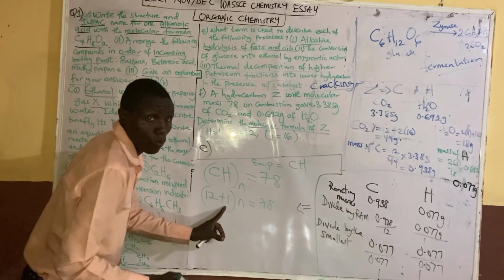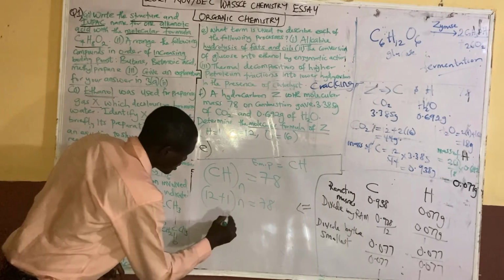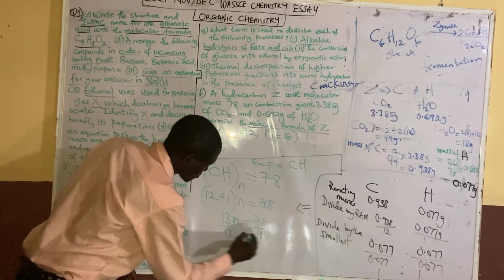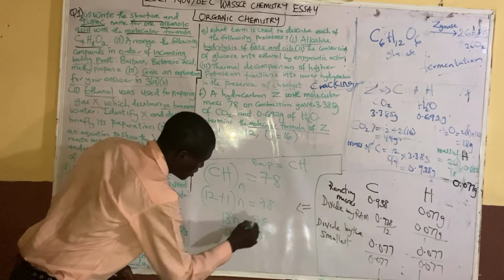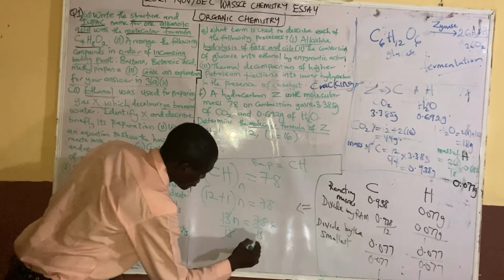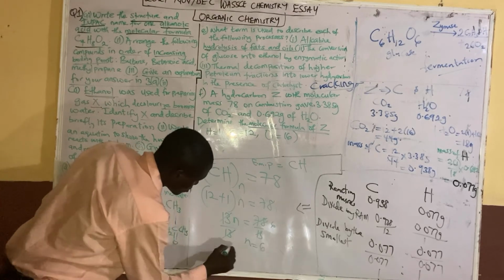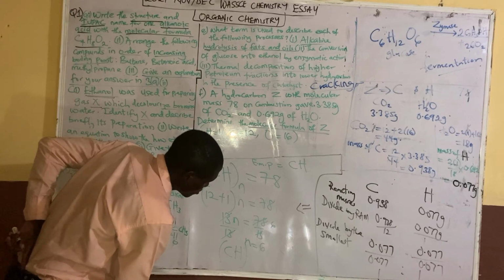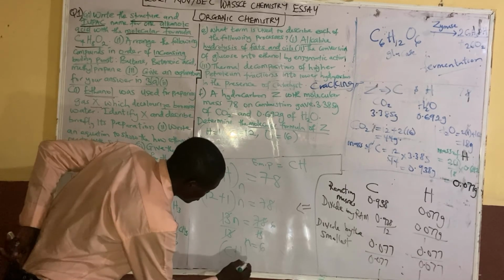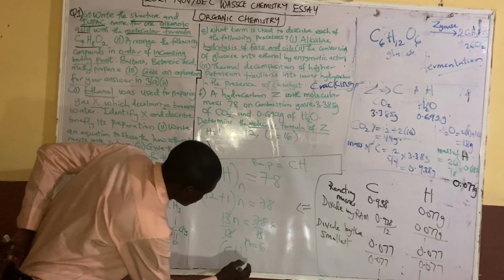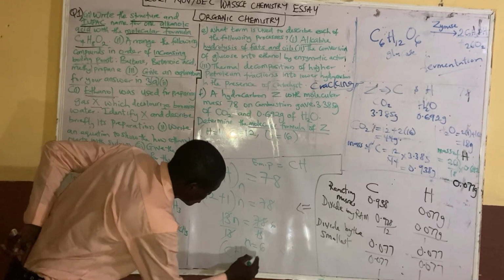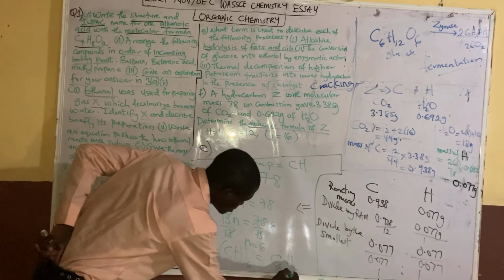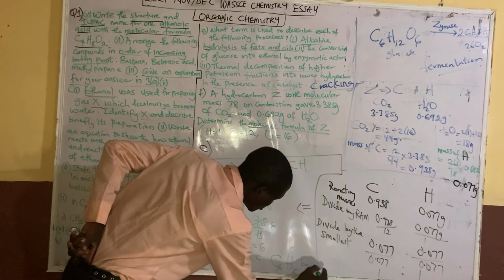So 12 plus 1 is 13, equal to 78. 78 divided by 13 gives 6. So n is equal to 6. So it is (CH)6, which gives C6H6. This is benzene, which I drew for us the other time.